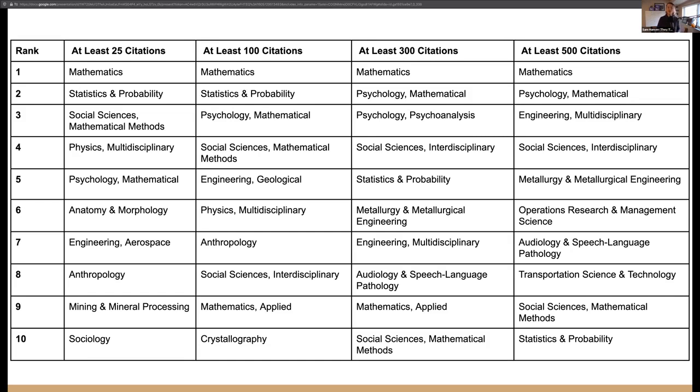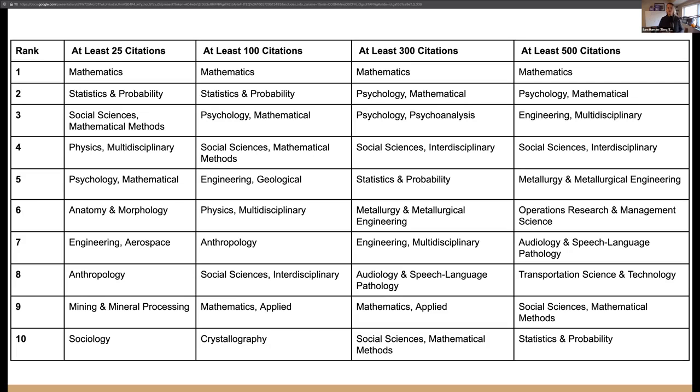So inter and multidisciplinary again seem to be a large driver. Physics multidisciplinary is in 25, 100. Social sciences interdisciplinary is 100, 300, 500. Mathematics applied, which is also interdisciplinary, is 100, 300. Engineering multidisciplinary, 300, 500. Social sciences and engineering are huge in here.